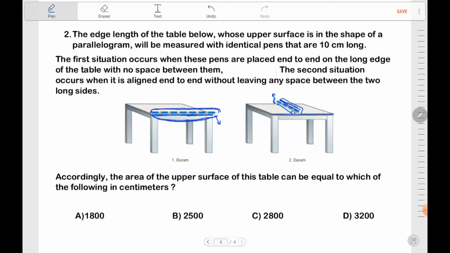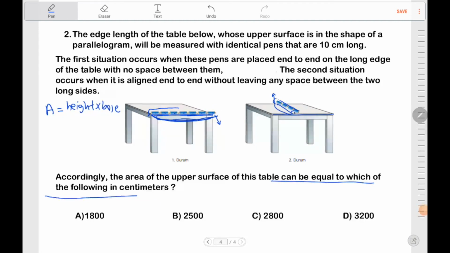So the question says that the area of the upper surface of this table can be equal to which of the following. Well, firstly, let's assume that the length of the pens placed end to end equals the sides and height. In this situation, we can find the area. The area of a parallelogram is height times base.